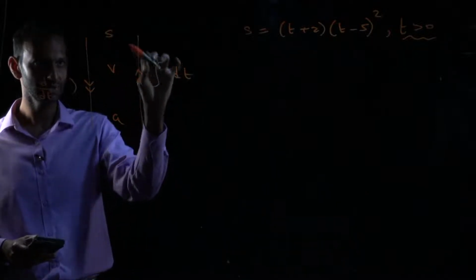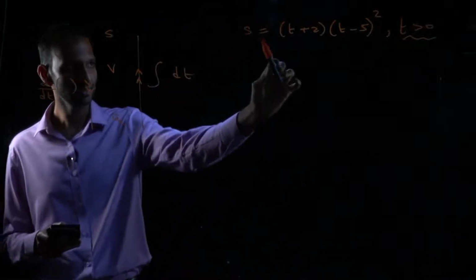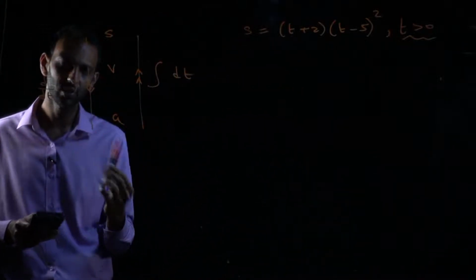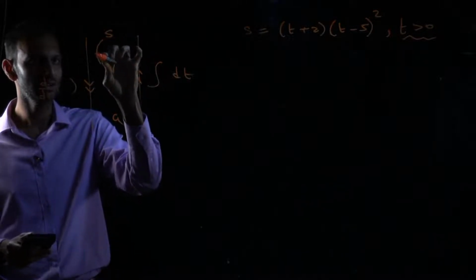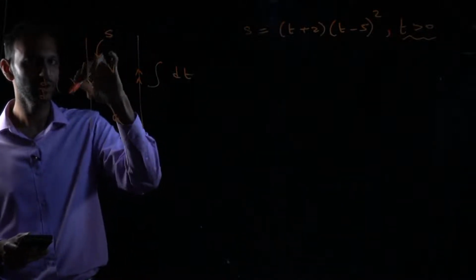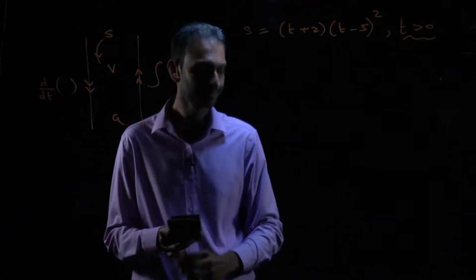And if I integrate velocity, I get displacement. The question says, you are given displacement, you need to find velocity. What you should do? We need to differentiate with respect to time because we are going downwards. So let us tackle the problem.